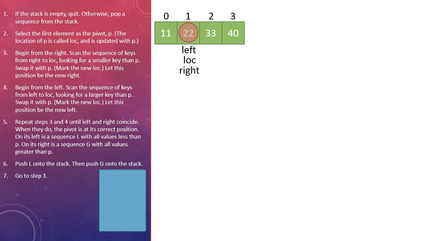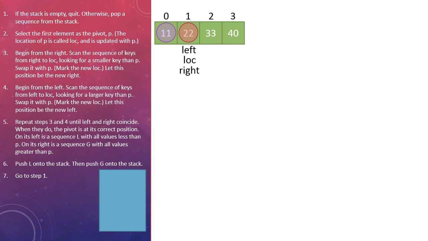This placement breaks two subsequences. The sequence of lesser elements has only one element 11, which means that 11 is also at its correct position. So I don't have to push this subsequence onto the stack.